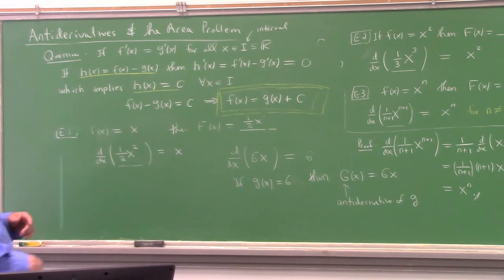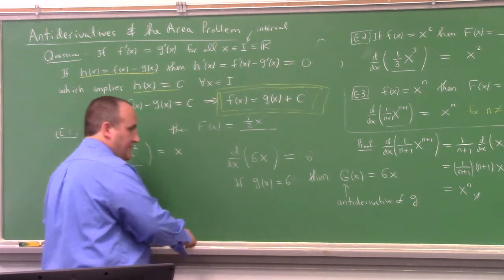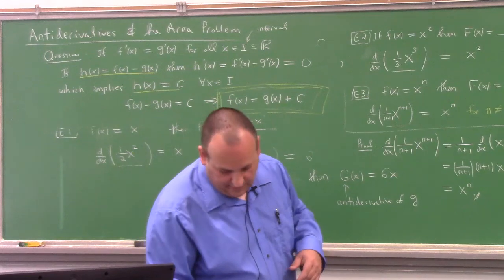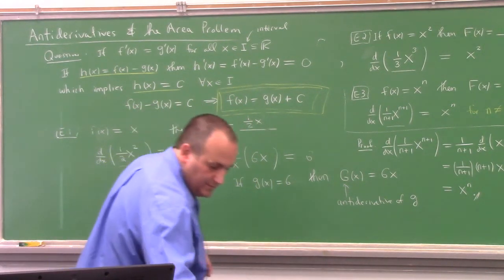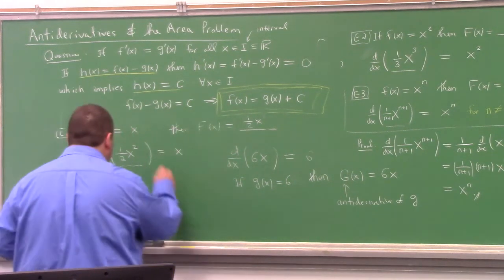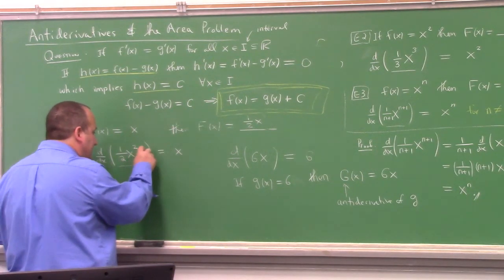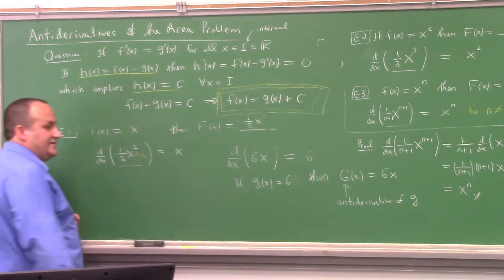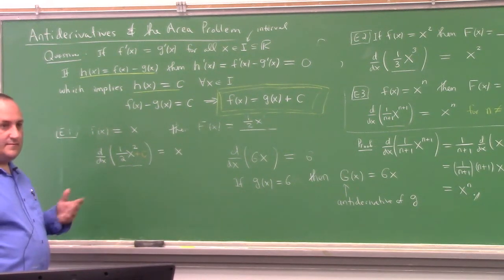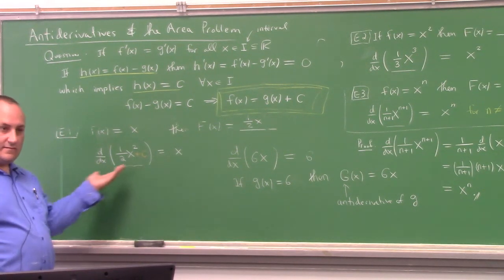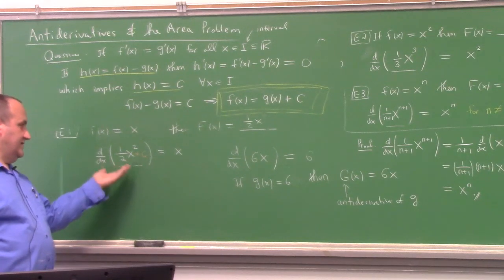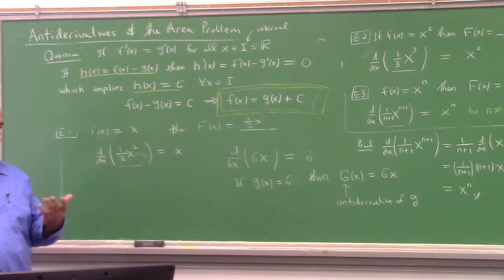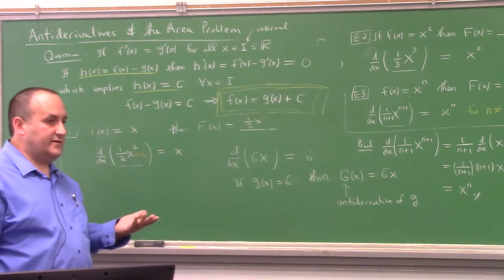But check this out. Going back to example 1, I'm going to show you we could easily do what? How about this? What if I did plus C, where C is any constant? It's still true, right? Because the derivative of a constant is 0. So this still works. You could make that constant whatever you want, and it would still be an antiderivative.